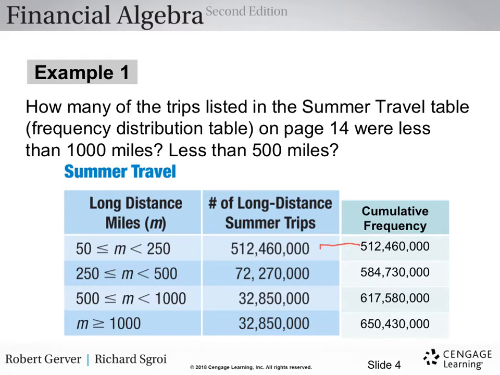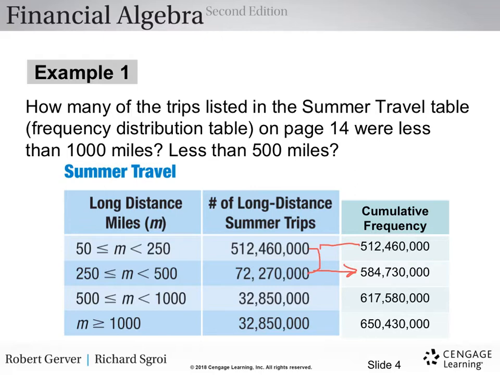Now, the next row, from 250 to 500, we have 72,270,000. We add the first row and the second row, and that gives us this value of 584,730,000. And we continue doing this.